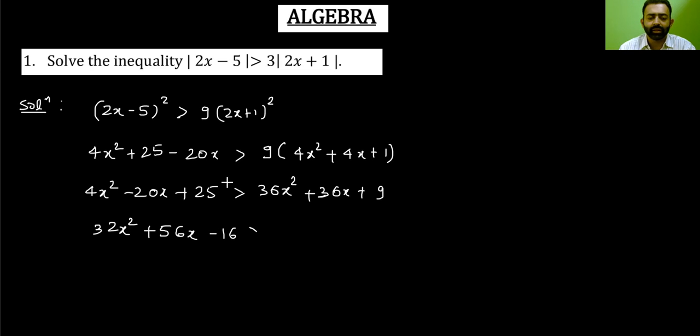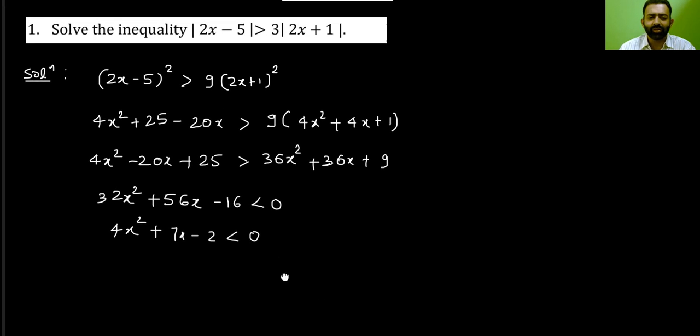This is not greater than, it will be less than 0 because I have transferred all the terms to the RHS. Okay. Now I can take 8 outside as a common factor. So this will be 4x square plus 7x minus 2 is less than 0.